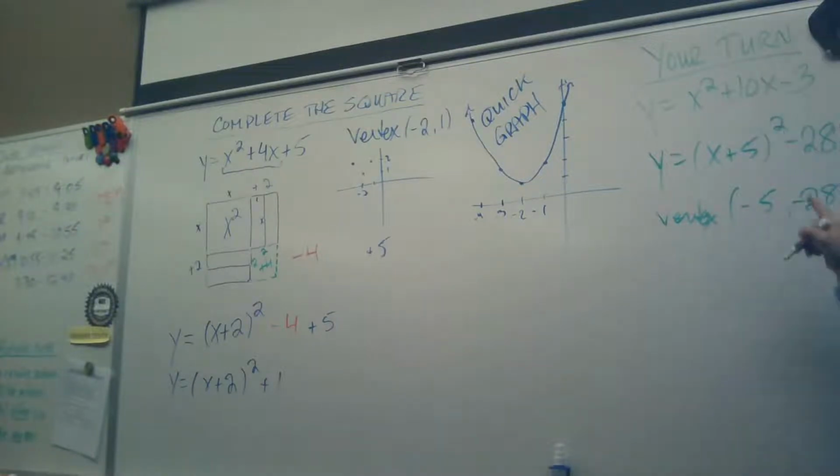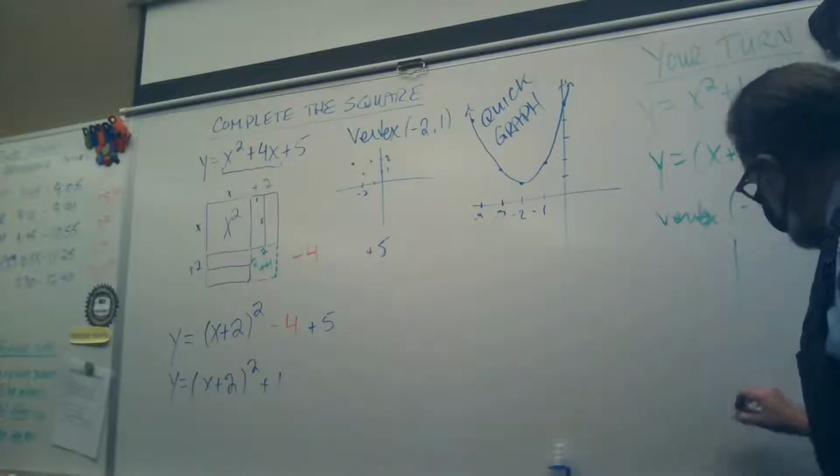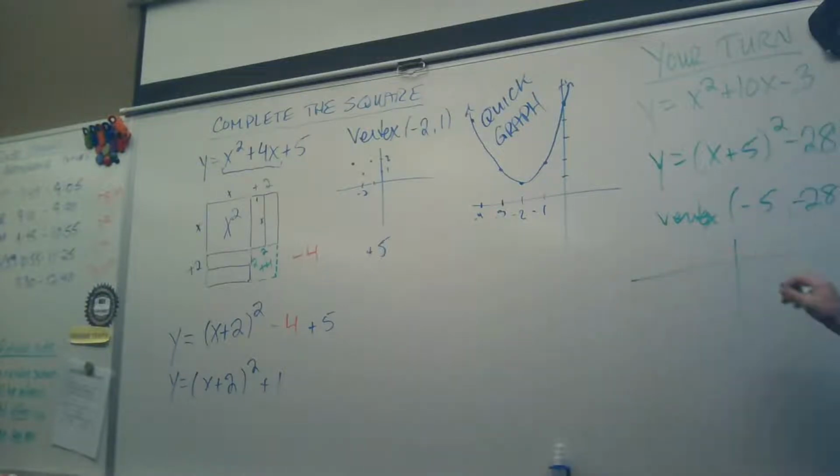Well, it would definitely be -28 because this is plus k. But it would also definitely be -5 because it's x minus h. So we have to put in a -5 to turn that into a +5. Does that make sense?